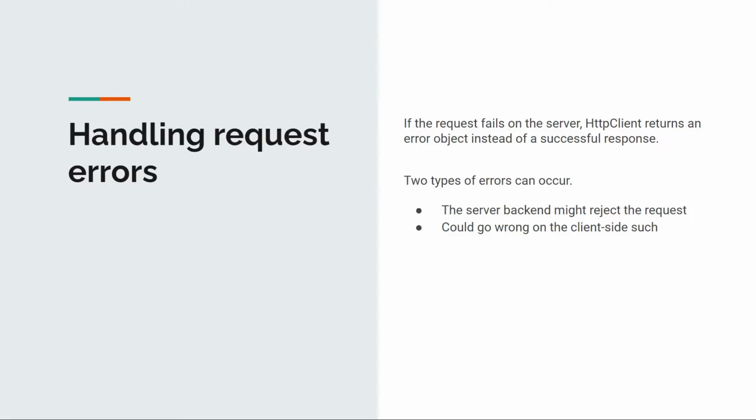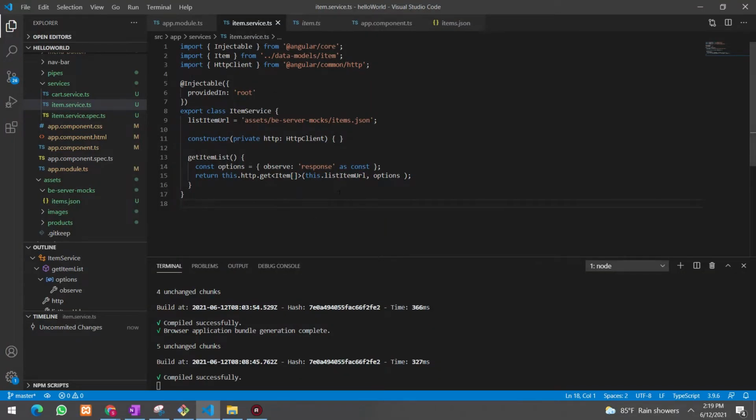For that, we are using the RxJS catchError function, and I will show you how to handle these things. In item service, now we are only returning the response we are getting, but not handling any errors here. The RxJS catchError function catches errors on an observable to be handled by returning a new observable or throwing an error. So let's see how we can do it.